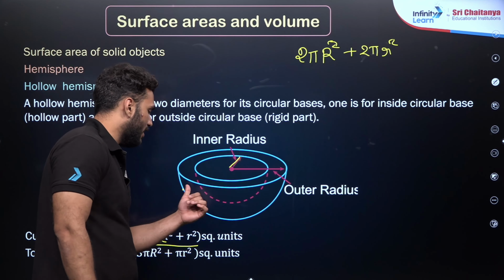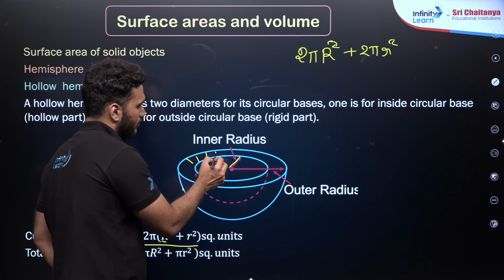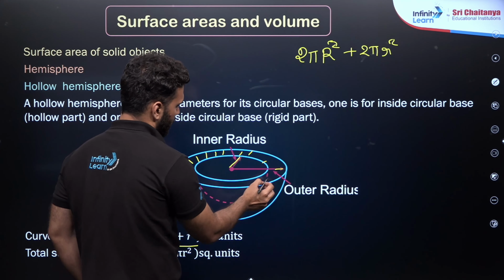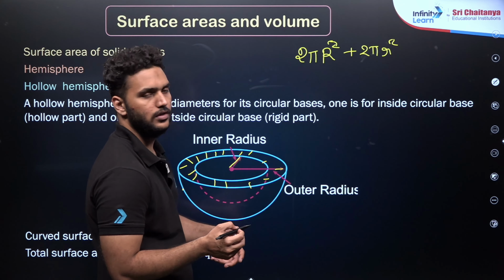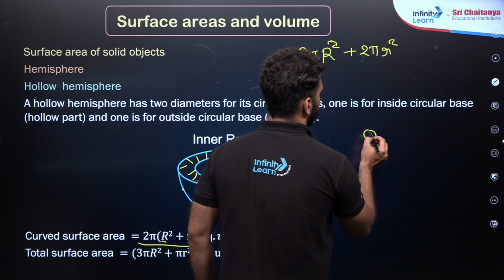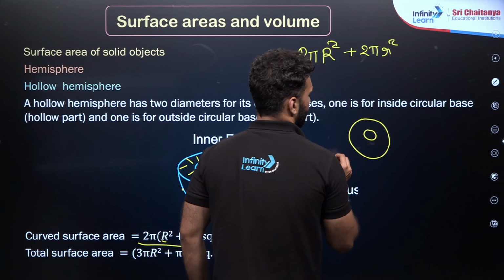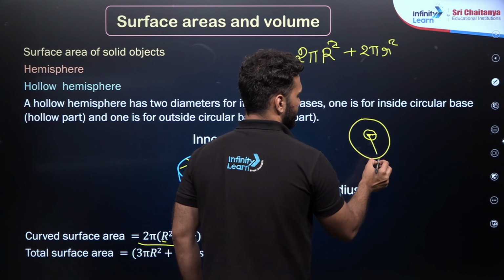See, sir, we have found all the curved area part, we just have to find this area. Okay, if you see this hollow hemisphere from the top, what will you see? You will see this kind of thing. Here we have the inner radius, and this is the outer radius.